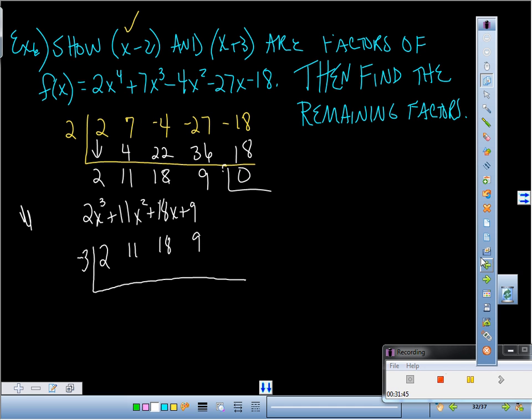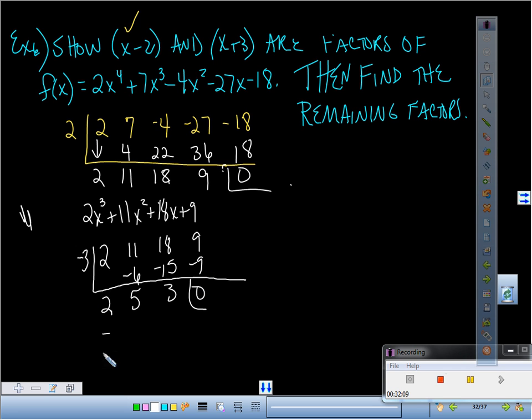They just asked me to show it. Good. 2, multiply, add, multiply, add, multiply, and add. So that means this is 2x squared plus 5x plus 3. You know what that factors into? 2x plus 3 times x plus 1.